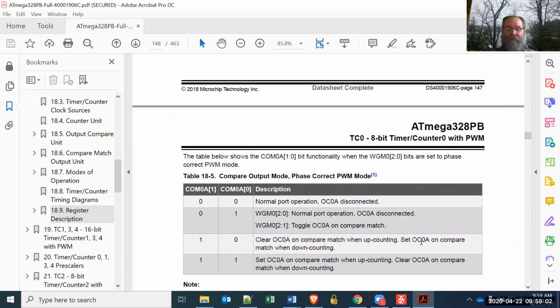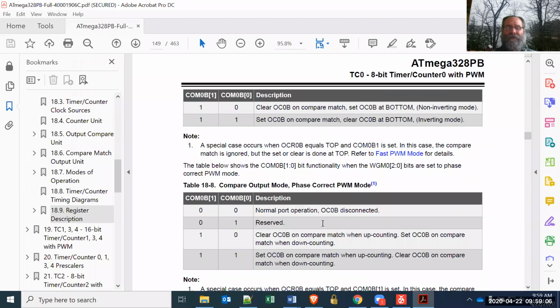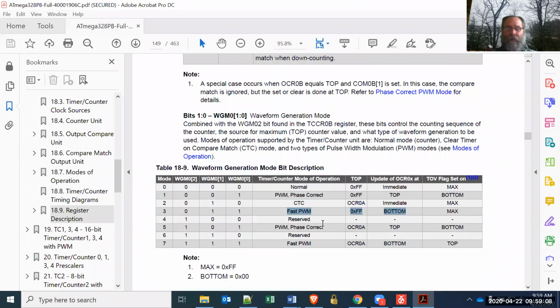So T count is going to count 0 to 255, 0 to 255, 0 to 255.